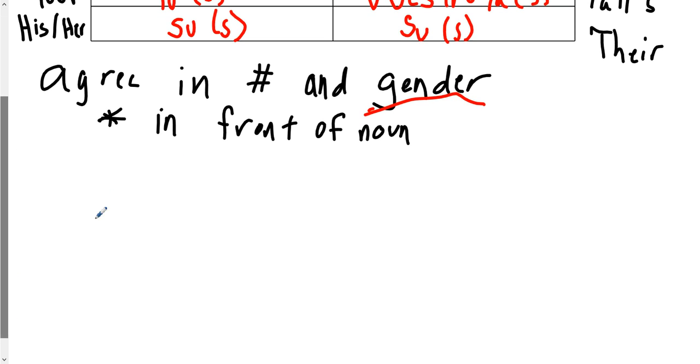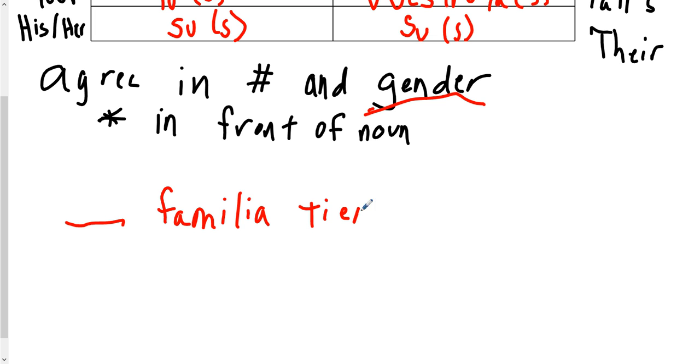So let's try just a few. If I want to say my family, familia tiene un perro. If I want to say my family, what should you say? Hopefully you responded with mi. Mi for my, family is singular.